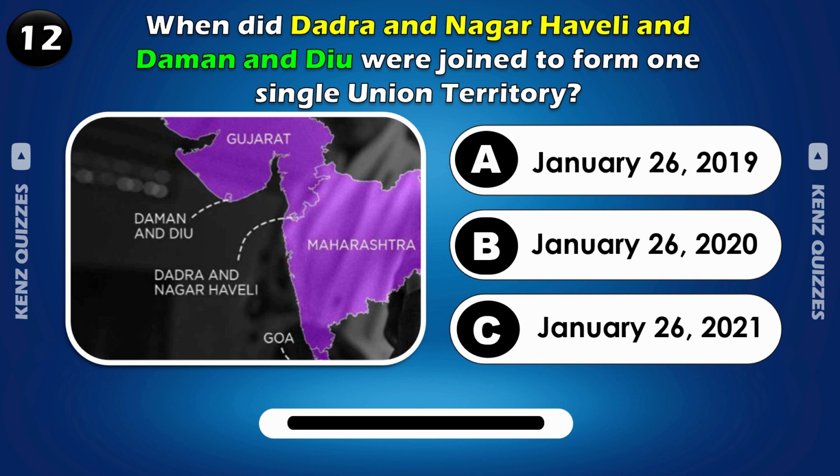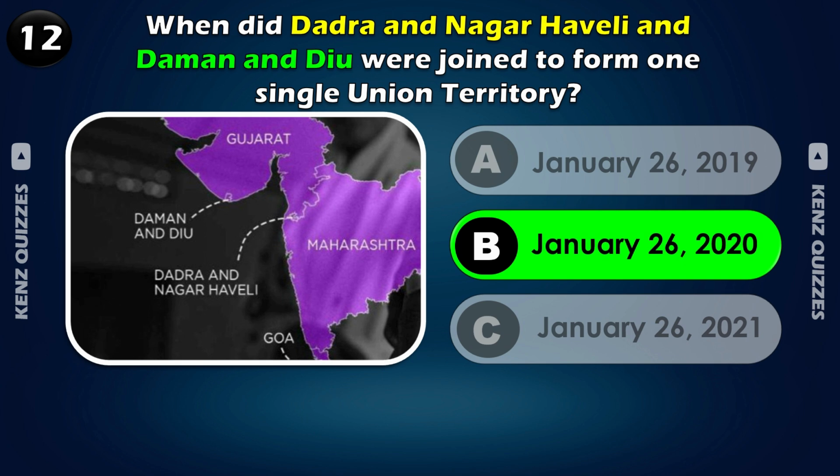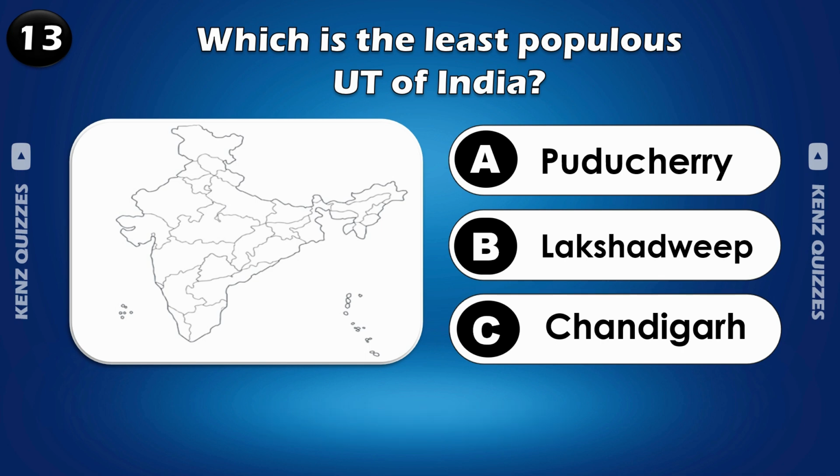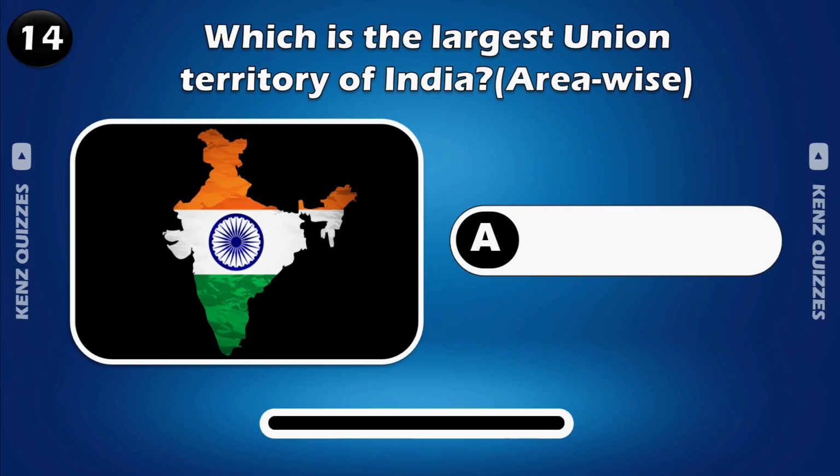When did Dadra and Nagar Haveli and Daman and Diu join to form one single union territory? 26 January 2020. Which is the least populous union territory of India? Lakshadweep. Which is the largest union territory of India area-wise?